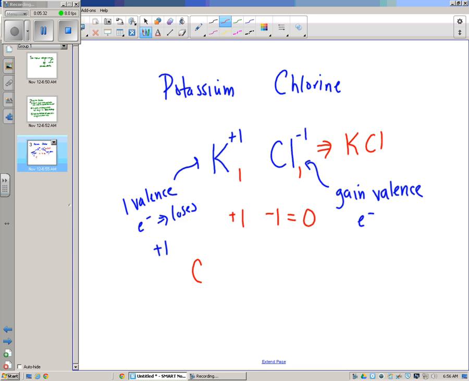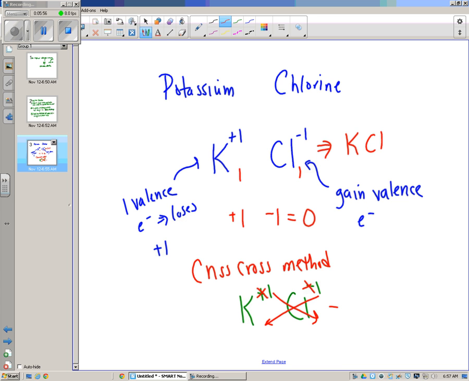The other way you can do it is called the crisscross method. In the crisscross method, you do exactly the same thing. You write the ions. Then you cross out the charges and you crisscross the numbers. So this one comes down here and this one comes down here.